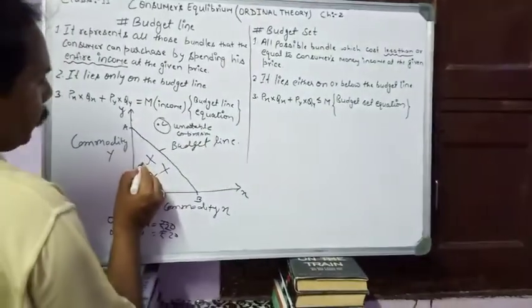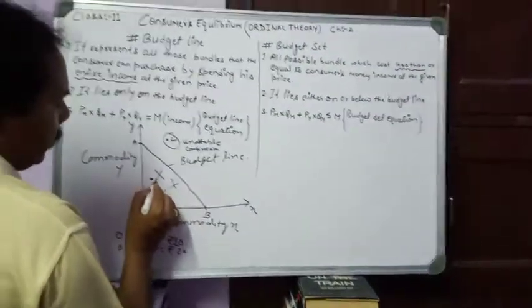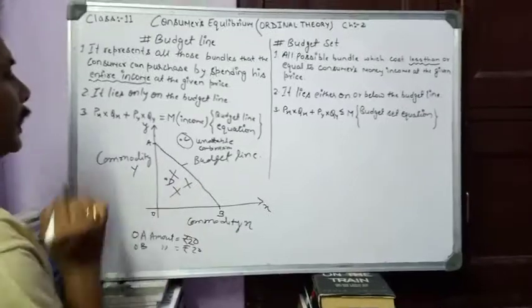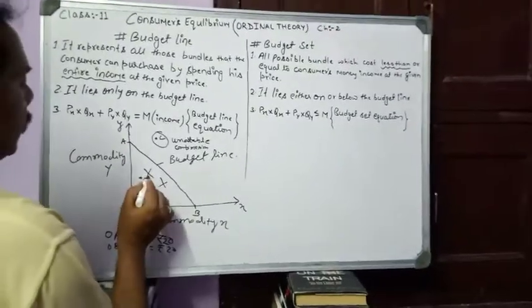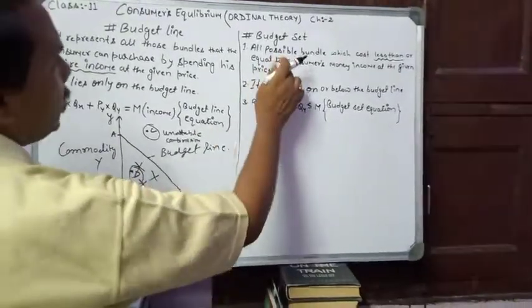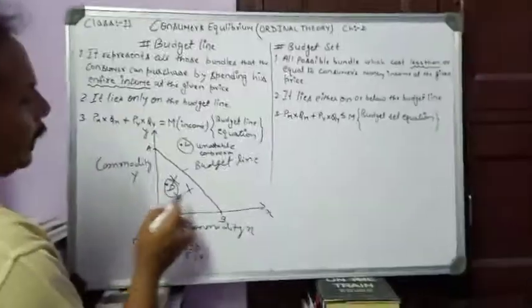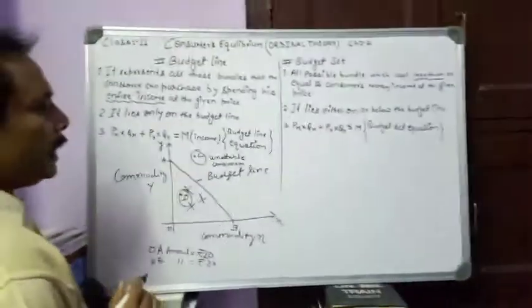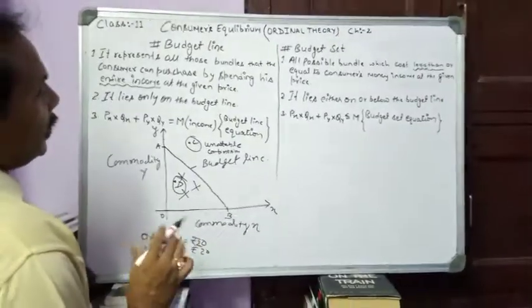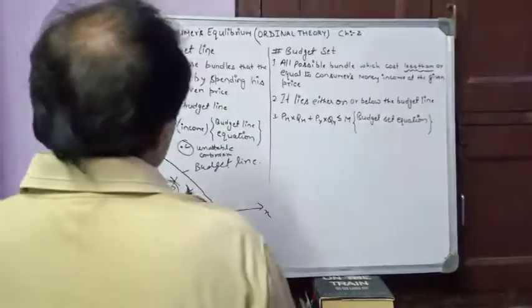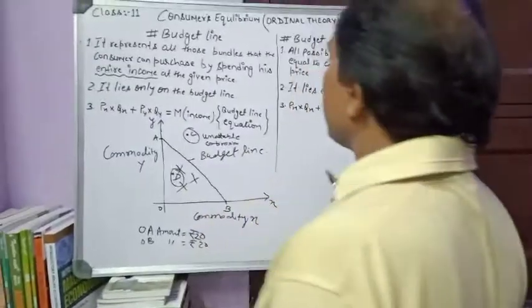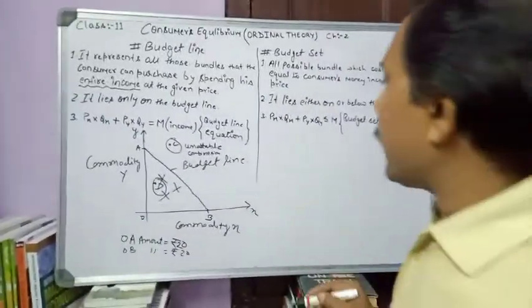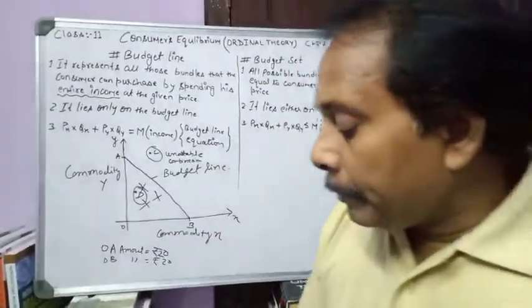And if any point lies within the budget line, it is part of the budget set, because here the money income is more and he is buying less commodity. In this way we can explain the budget line. Is it clear? Okay.